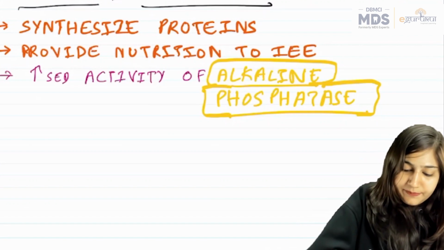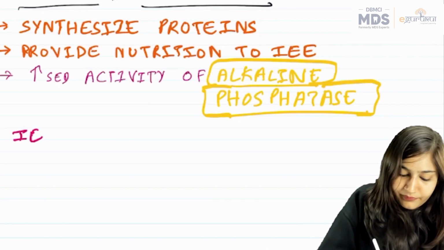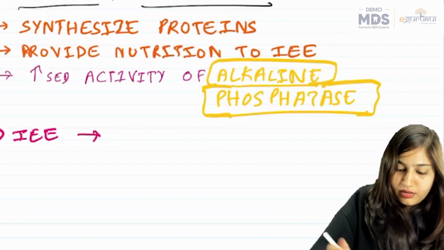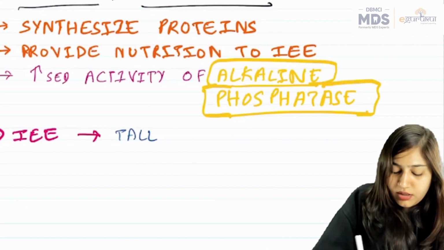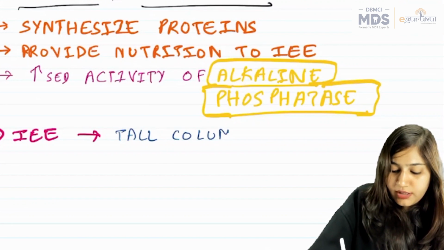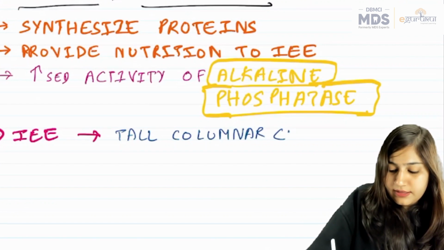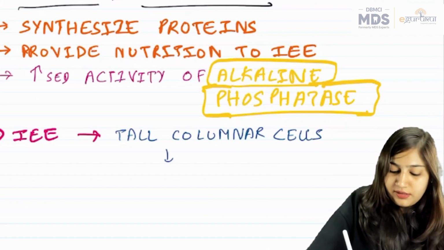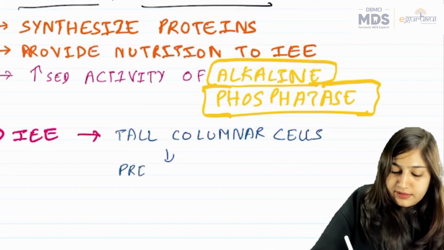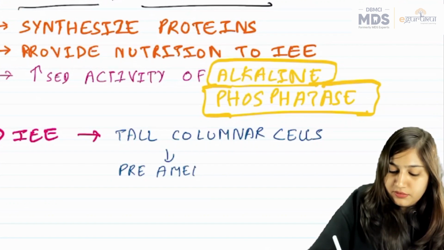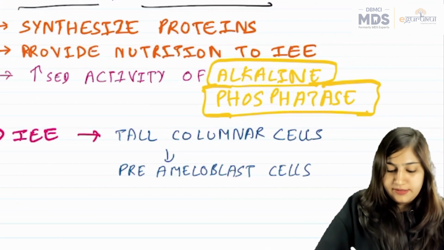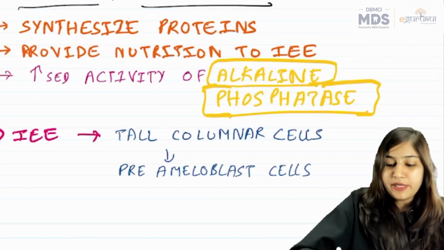Inner enamel epithelium cells are tall columnar cells, which are pre-ameloblast cells. The nucleus is towards the basement membrane.